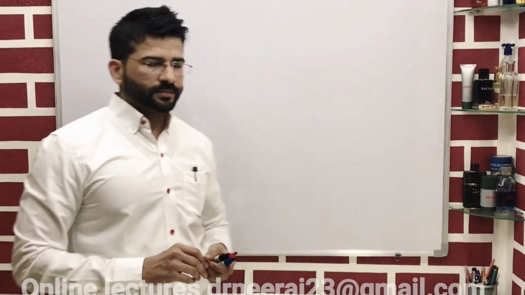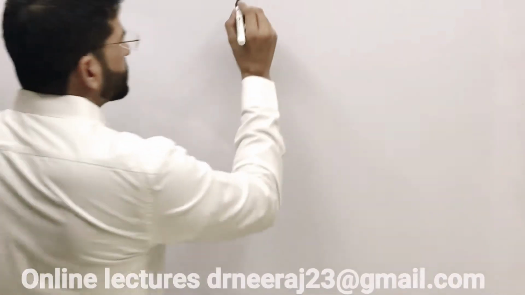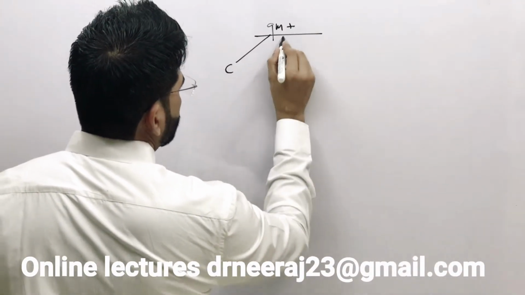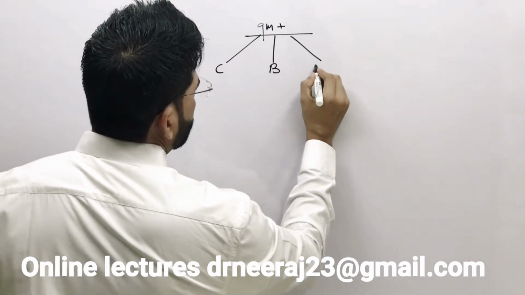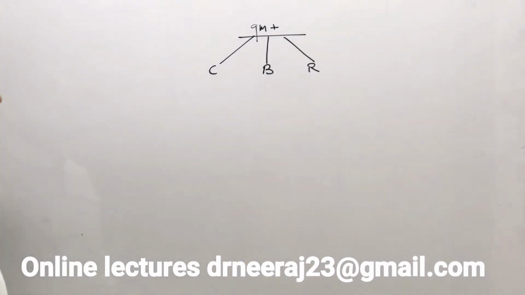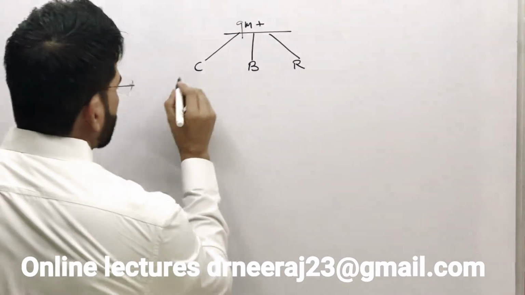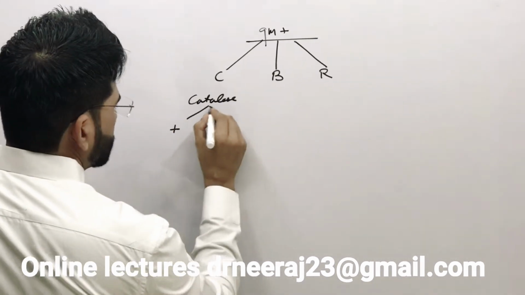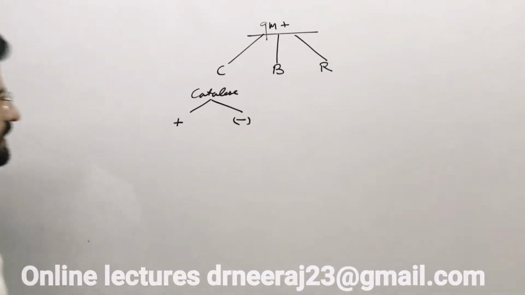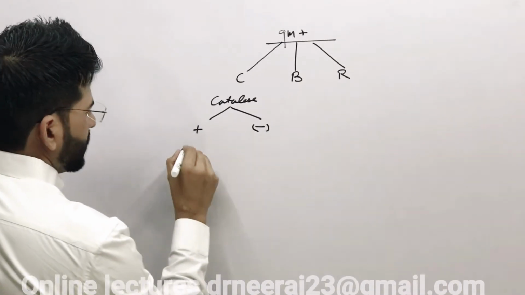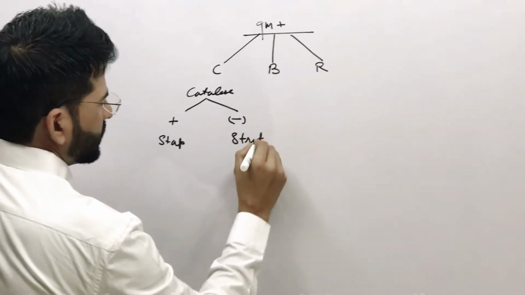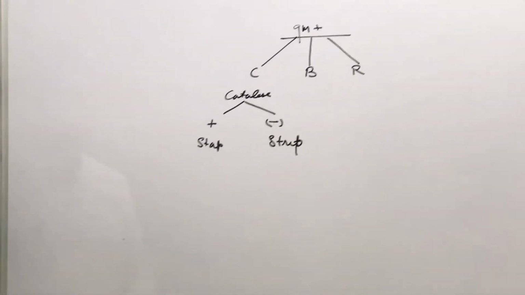bacteria individually. As we have already done the classification, we know that the gram-positive can be divided into cocci, branching and rods. These cocci on catalase test can be divided into catalase positive and catalase negative. The catalase positive are the Staphylococcus and catalase negative are Streptococcus.